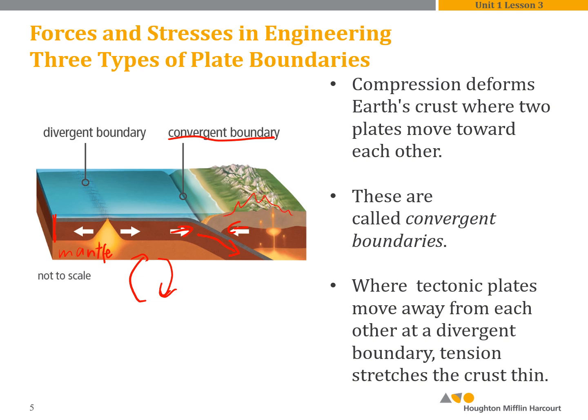A good example of this is the Himalaya Mountains, in the border between the Indian plate and the Eurasian plate, where the mountains are being pushed up. This is also a place of great volcanic activity, where the magma from the mantle comes up through breaks in the crust.